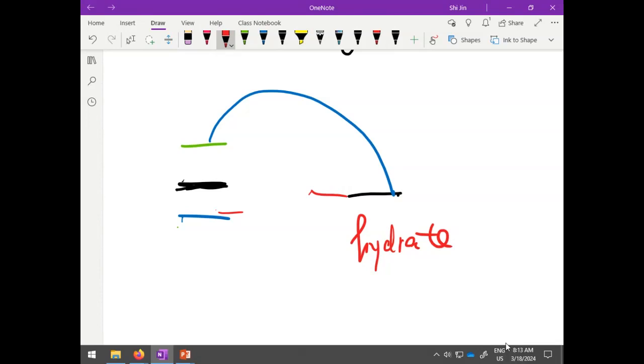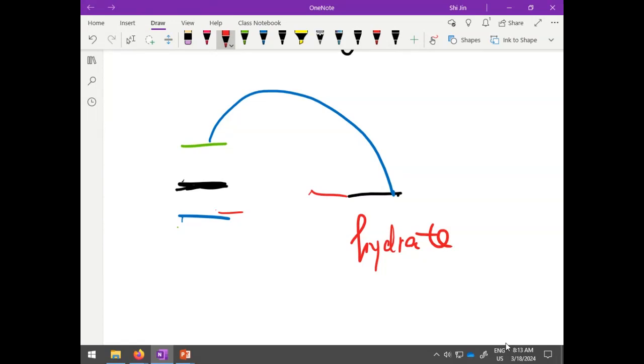So if green goes to hydrate, that reaction is exothermic, but if you move from blue to hydrate, it becomes endothermic. So that's what happens from formaldehyde to ketone. If it's a regular aldehyde, you see the potential energy is kind of similar, so the equilibrium constant is close to 1. Any other questions?